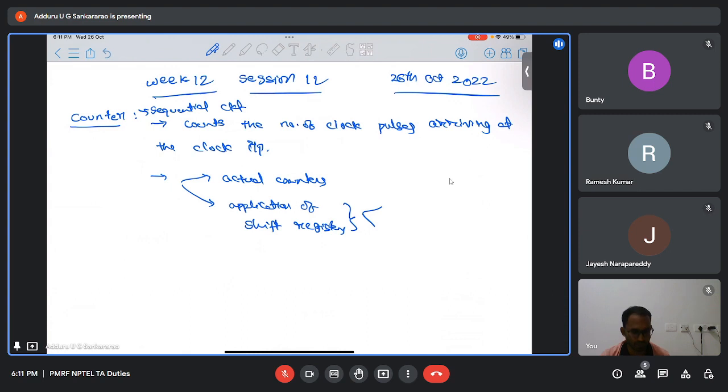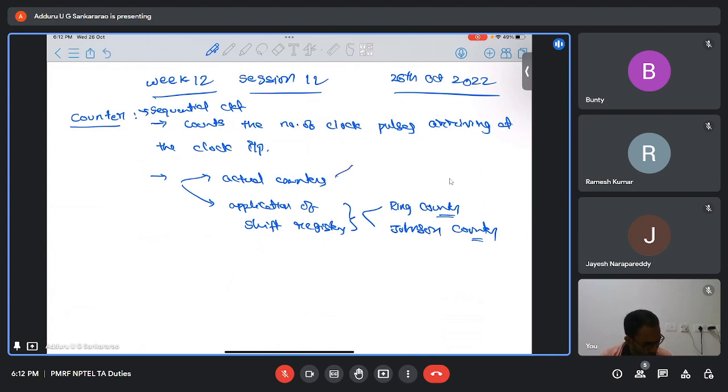Mostly you might have studied ring counter and Johnson counter. These are shift registers; if you connect the shift register in such a way, then they work as some kind of counter.